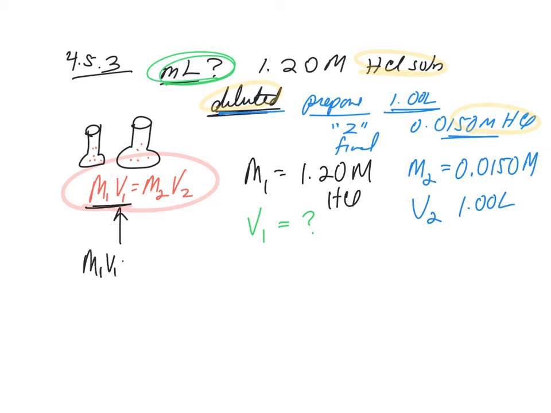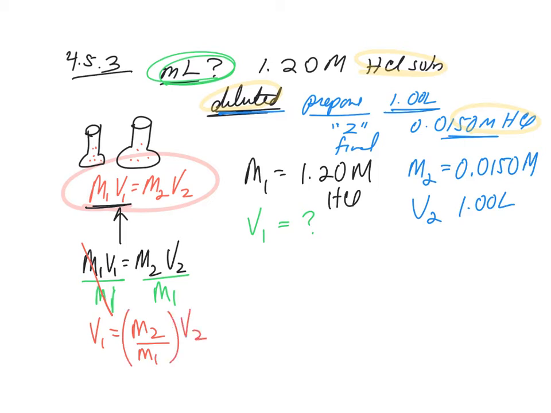So M1 V1 equals M2 V2. And how do you isolate your variable? It's connected by multiplication, so we're going to divide both sides by M1, and so that cancels that out. Now we have V1 equals M2 over M1, and I just like to keep it together, V2.